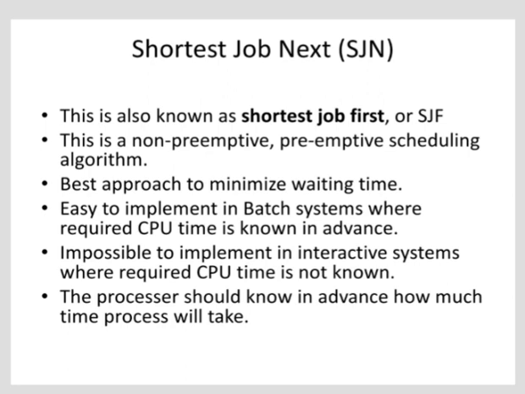It is impossible to implement in an interactive system where the required CPU time is not known, and the processor should know in advance how much time a process will take. So in shortest job first, or SJF or SJN, the job with the shortest execution time is selected for execution. If two processes have the same CPU time, the FCFS is used.